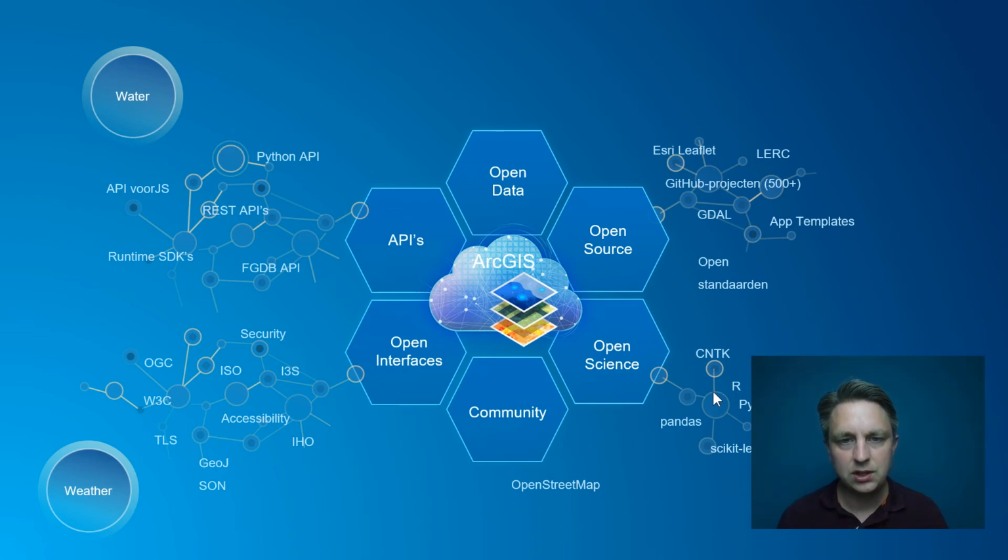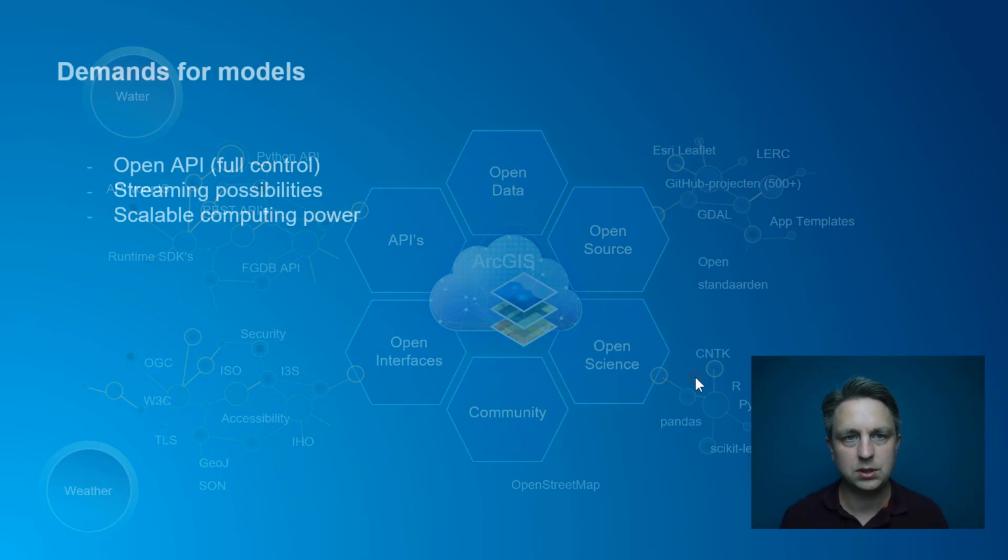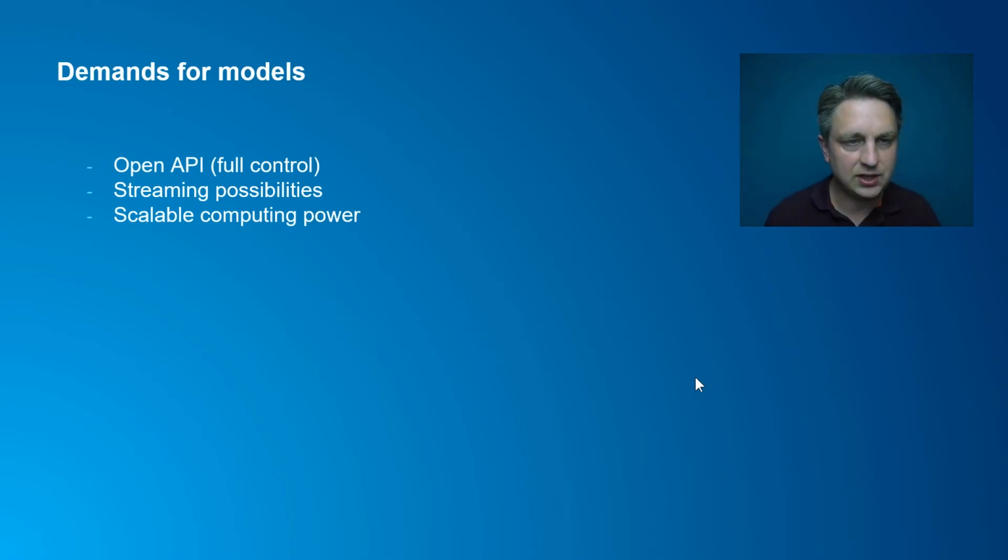That means that we have some demands that these models need to fulfill to be able to use them. So in this case, if we want a 24/7 insight, we need an open API. We need full control of that model. We don't want to simply start a calculation and wait an hour, for example, and then analyze the result.